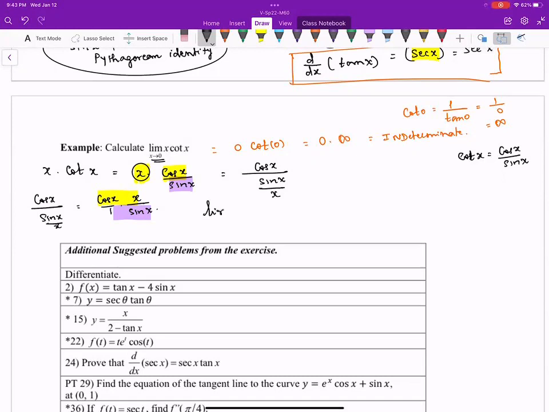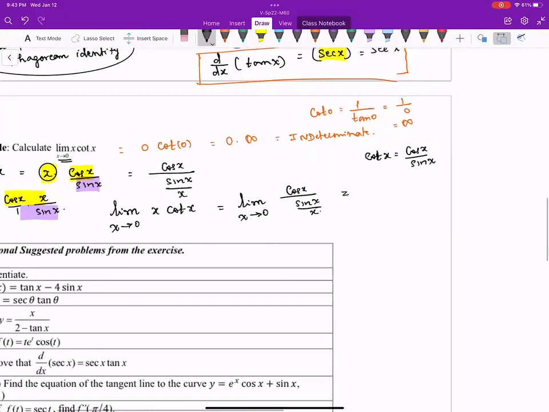Now, if I apply the limit as x approaches 0, of x times cotangent x, which is what the question asks, I'll have the limit as x approaches 0 of cosine x over sine x over x. So I can apply the limit for the numerator separately and the denominator separately: the limit as x approaches 0 of cosine x, divided by the limit as x approaches 0 of sine x over x.